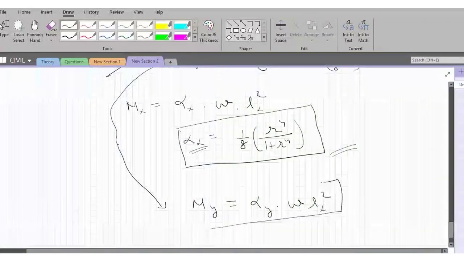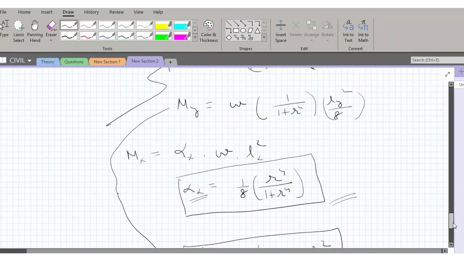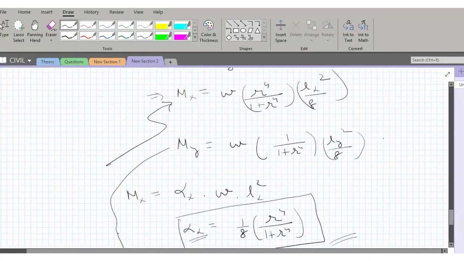So what will be your alpha y? Again, please observe what I'm doing. I'm multiplying here by Lx square and I'm dividing by Lx square.